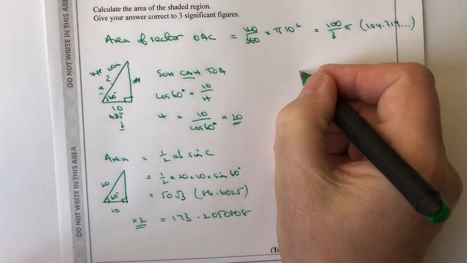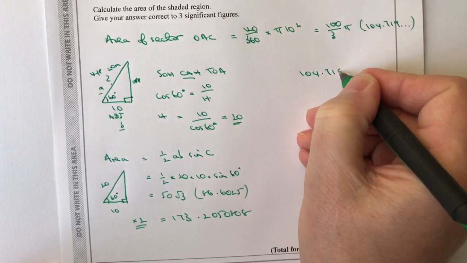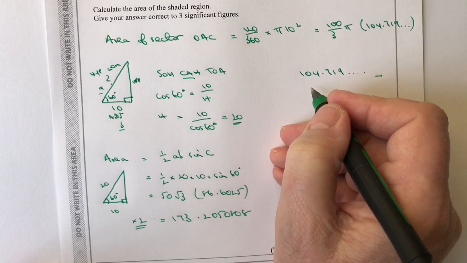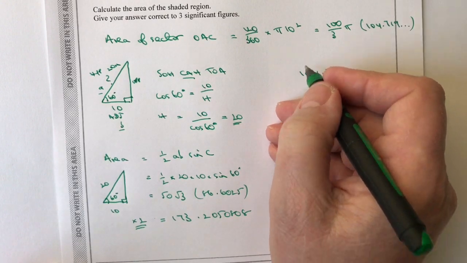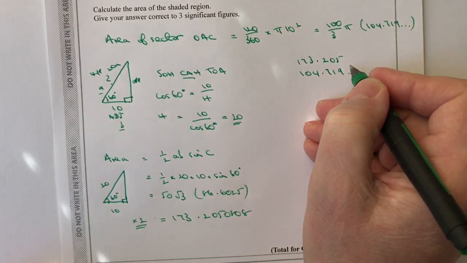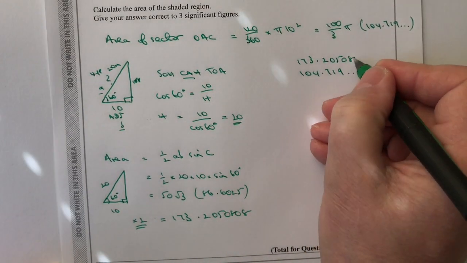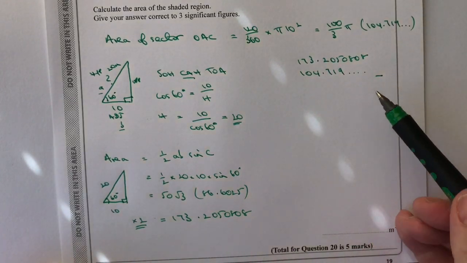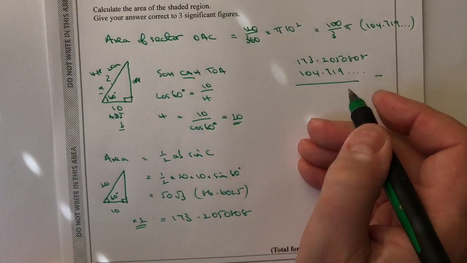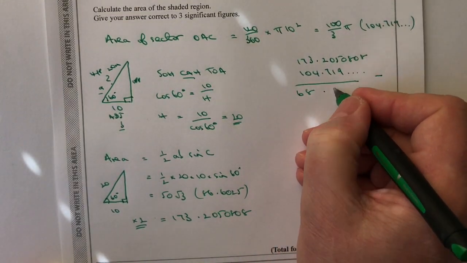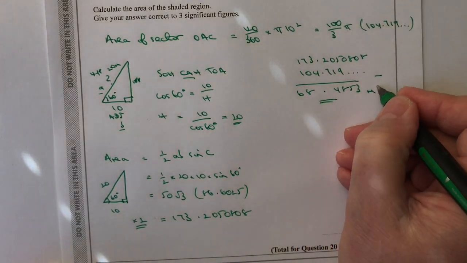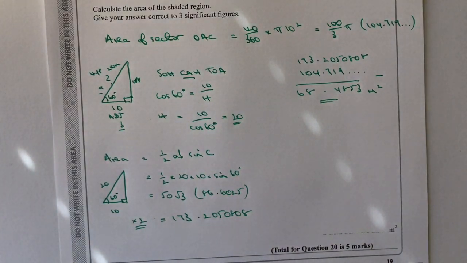So that's going to be 173.2050808, take away the area of the sector of the circle, which is this, 104.719, and that's going to give me 68.4853, and that will be the area of the shaded piece.